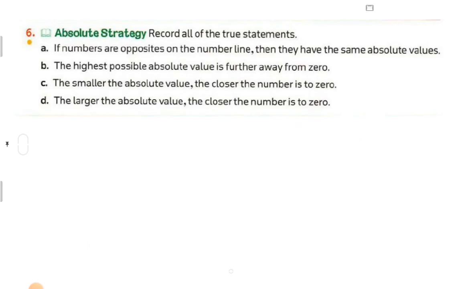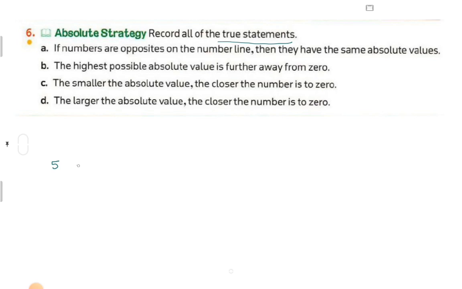Question number 6, absolute strategy. Record the true statement. He wants us to record the true statement. Okay? Statement A, if numbers are opposites, like what?